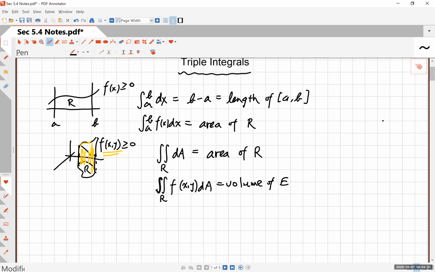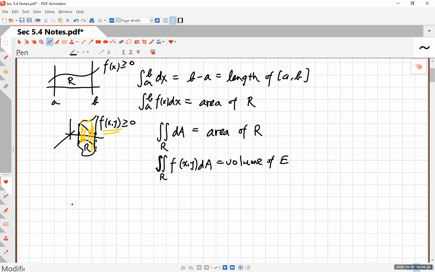So the question is now, what happens if you have a three-dimensional object? So here's a three-dimensional object, thinking of this as a solid E, and every point x, y, z has a value associated with it, f of x, y, z, right? And even if you assume that it's non-negative, like in the top here, right?